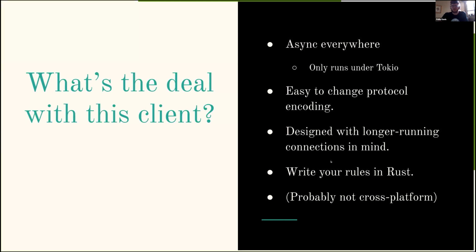Because we can execute arbitrary Rust at compile time, you can write your rules in Rust, meaning you can define a struct that will know how to execute an iRODS rule language command. We'll see that, I think, on the next slide. Another note is that this is probably not cross-platform.